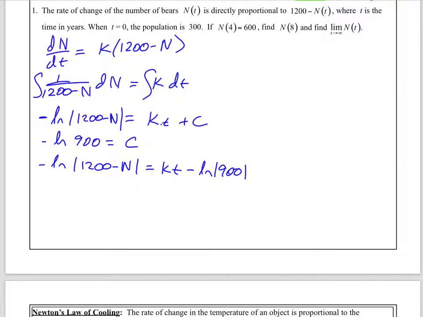Now rewrite it all out. Now what? Solve it. What do you want to do to solve it? e. Let's get rid of that negative first. I got to get rid of this negative over here before I can do e. Now I can do e.